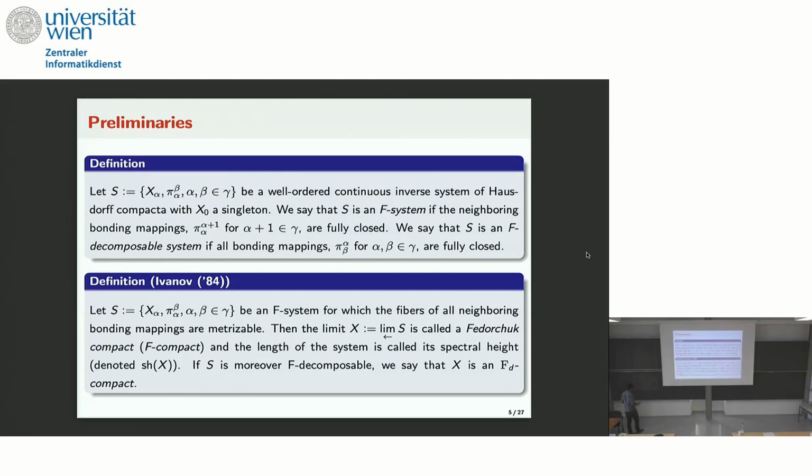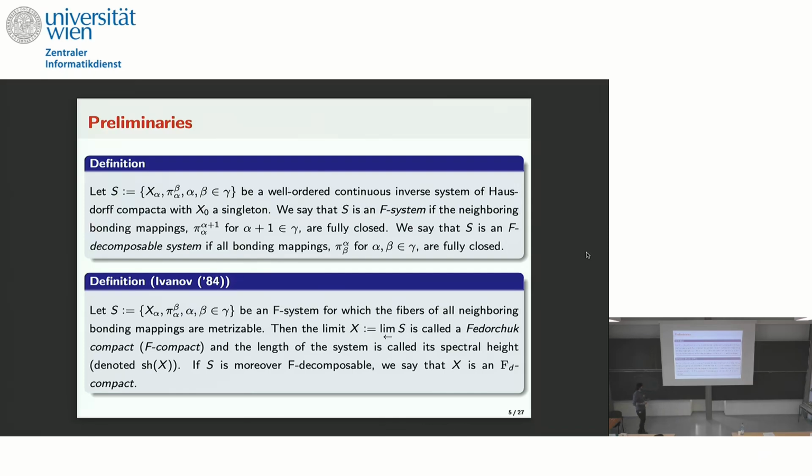Moreover, if all the mappings, so if you skip some levels, continue to be fully closed, we will call this an F decomposable system. The two concepts are not the same because a composition of fully closed mappings is not always fully closed, although this is the case for all classical examples.